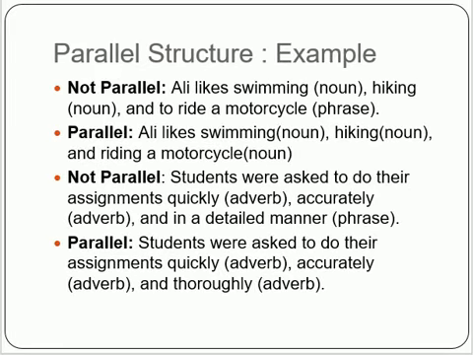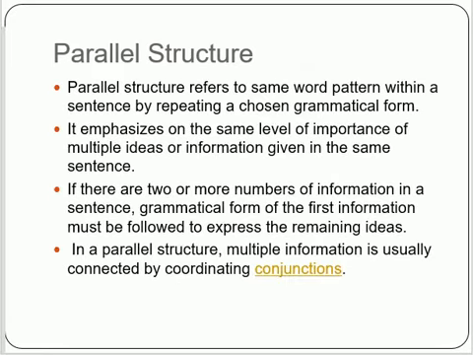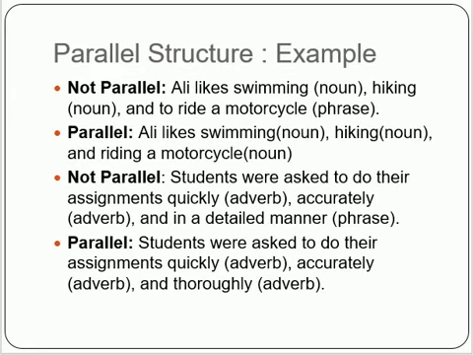So let's look at the examples and let's find out what is parallel and what is unparalleled. As I've told you, you have to look at the same word pattern within a sentence. So if the word pattern is not the same, ultimately that is an unparalleled structure. Look at the first one.